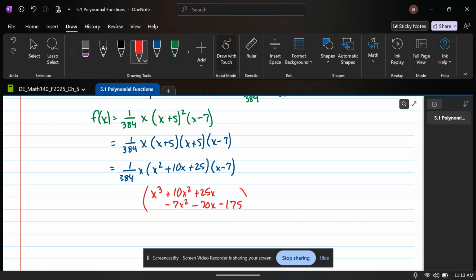And then we still have that times the 1 over 384 at the end. 1 over 384 times x cubed plus 3x squared minus 45x minus 175.